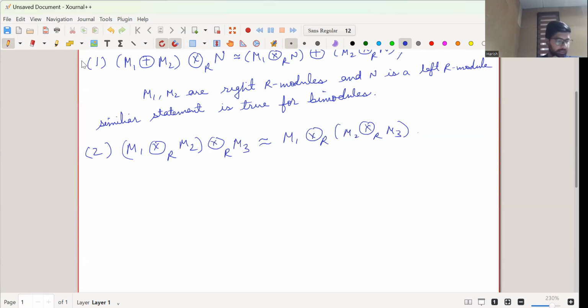Then after that, there are a lot of definitions, so I will just write the definitions. The first one is algebra over a field. What structure is said to be an algebra over a field?